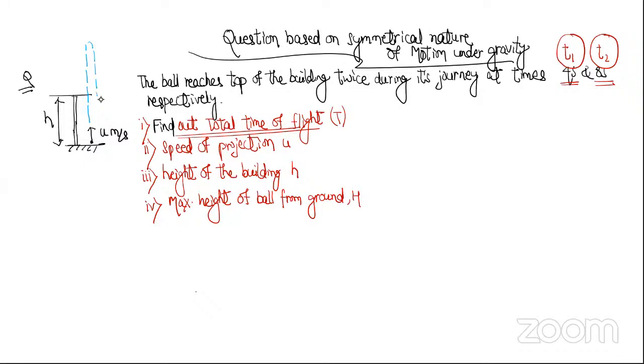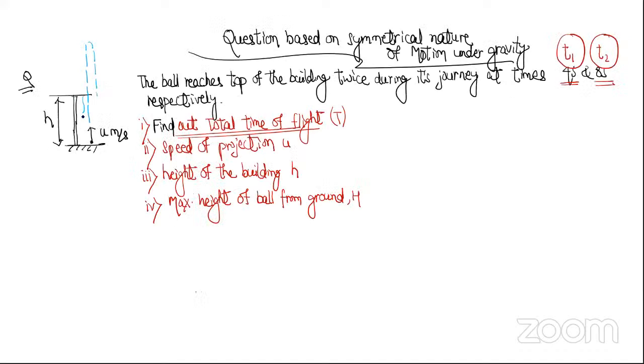First time it crosses, that is t1. That means this much time from here is t1. Second time it crosses, that means this much time, going and coming down. This is t2.